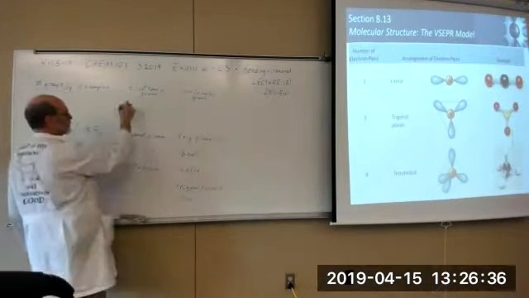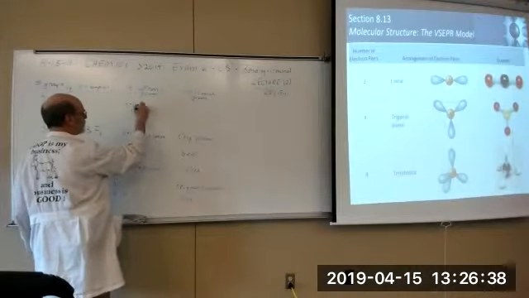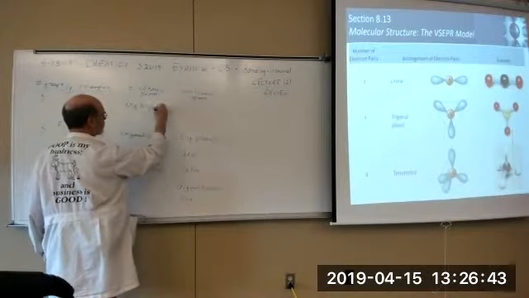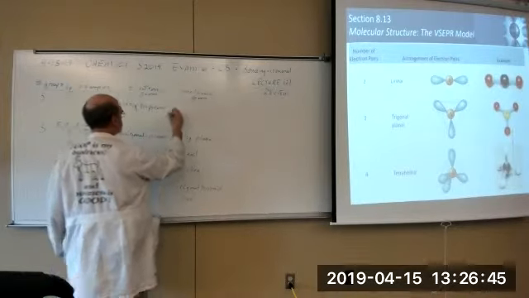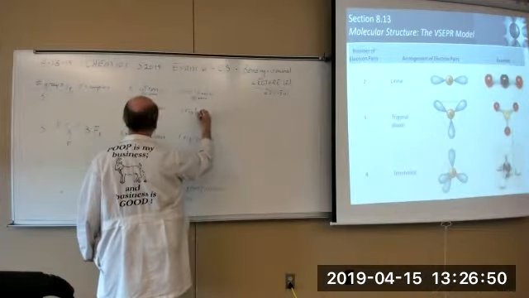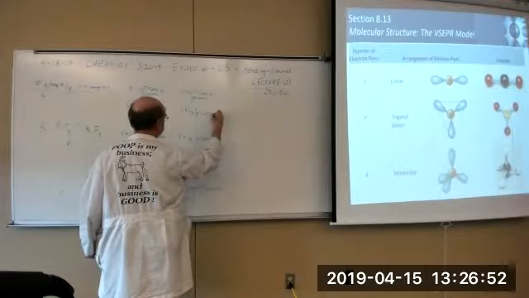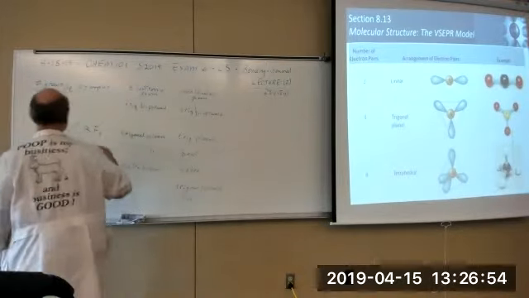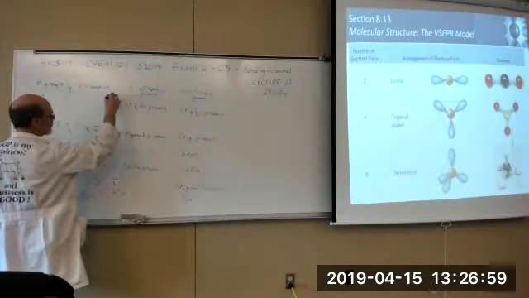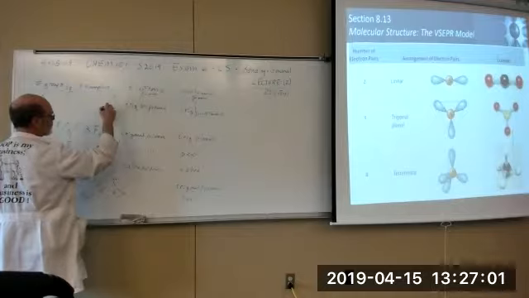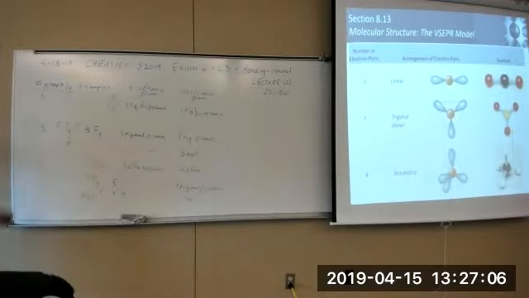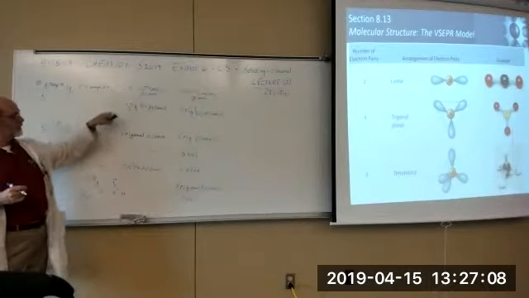You have a trigonal bipyramid. Okay, what does that look like? Well, you have this triangular base in the middle, and then you have something up here, and then you have something down here. Okay, so that's 5. 3 around here, 2 there.